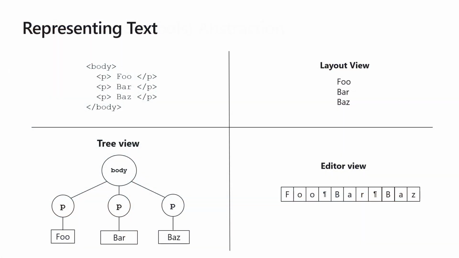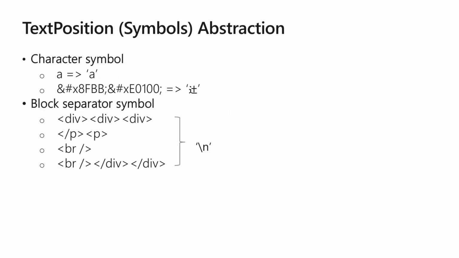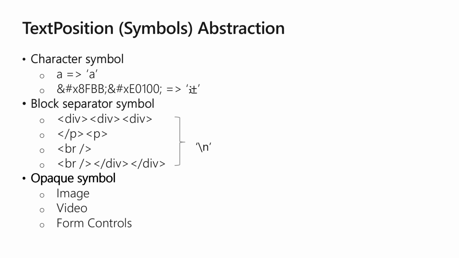The base construct that we created was something called a text position, or we also sometimes refer to it as a symbol, which allows you to navigate the tree in an abstracted way, but move as if it was a simple linear structure.